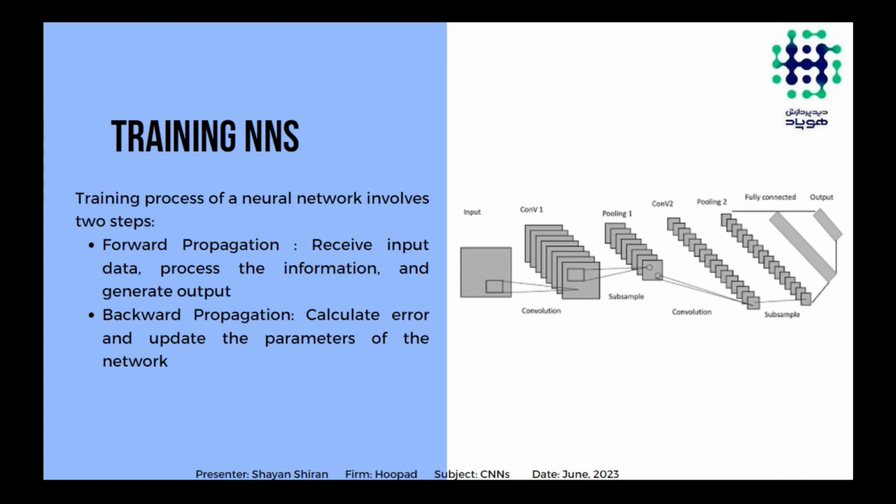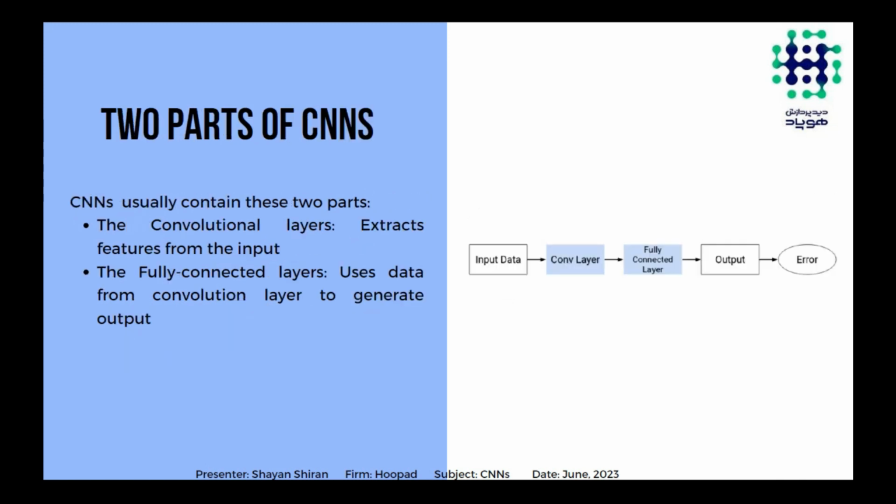In backward propagation, we calculate the errors and update the parameters of the network. But we are not going to talk about the training of CNNs because our main purpose is the inference we get from distributed CNNs.